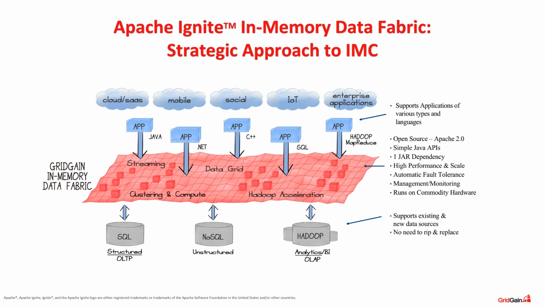Ignite natively supports Java, .NET, and C++ APIs, but there is also rich SQL support, including JDBC and ODBC drivers, so that you can use Ignite from other platforms like Python, PHP, and so on. In addition, there is a separate module for Hadoop acceleration.